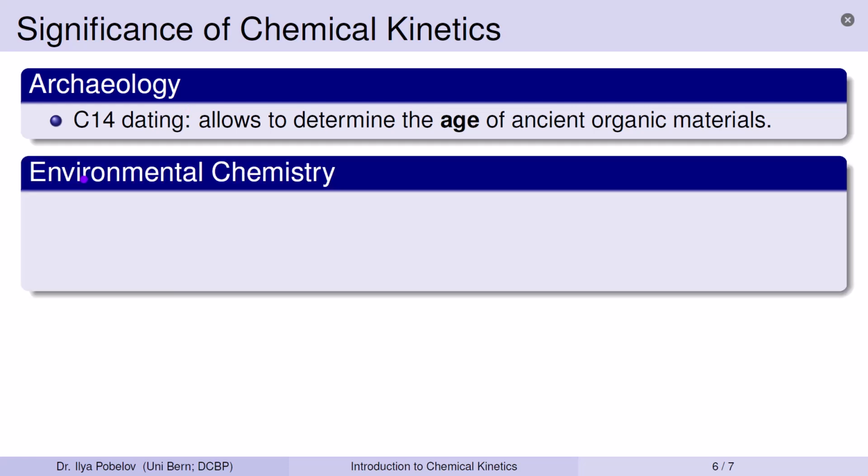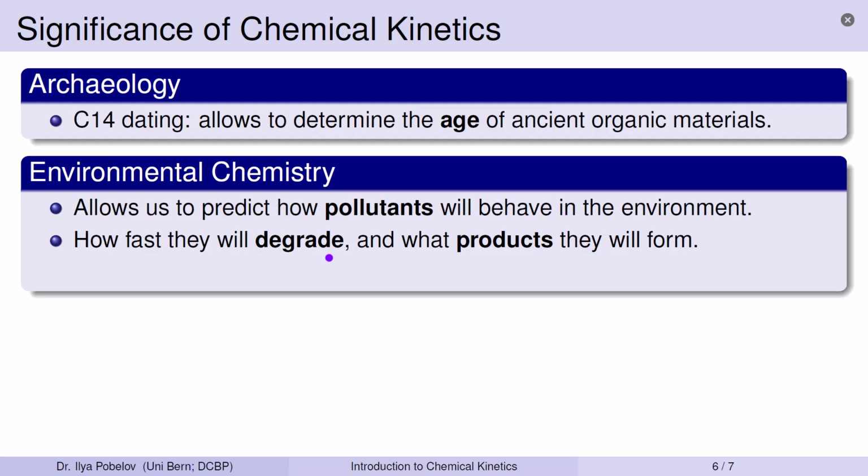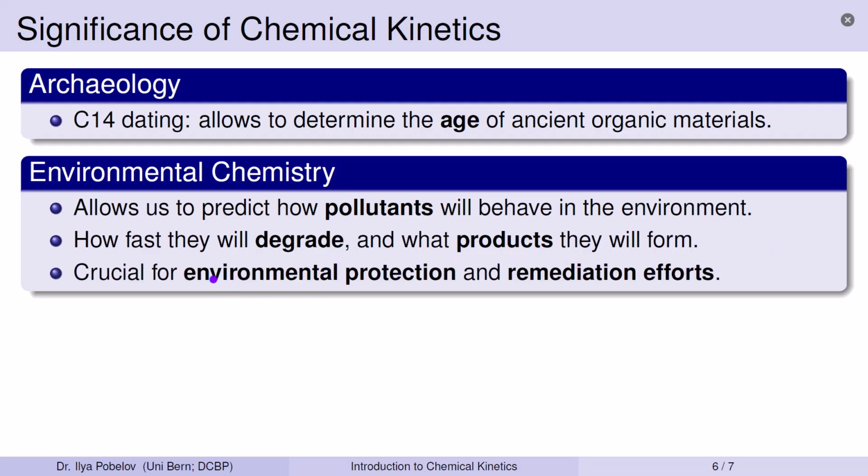Moreover, chemical kinetics is fundamental in environmental chemistry. It allows us to predict how pollutants will behave in the environment, how fast they will degrade, and what products they will form. This knowledge is crucial for environmental protection and remediation efforts.